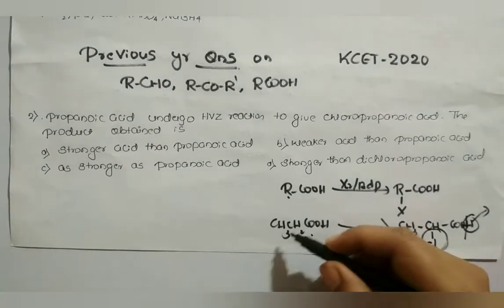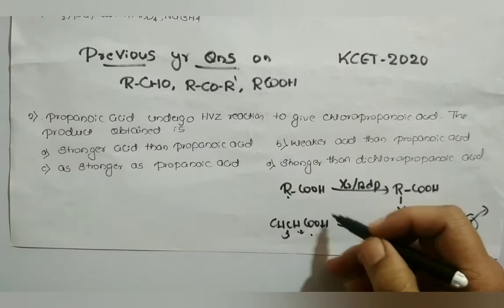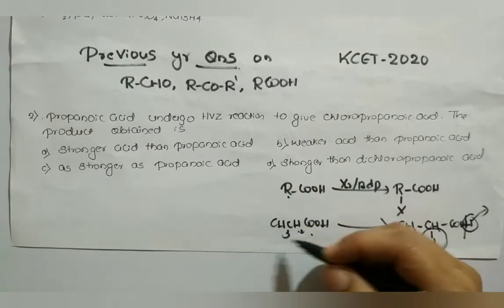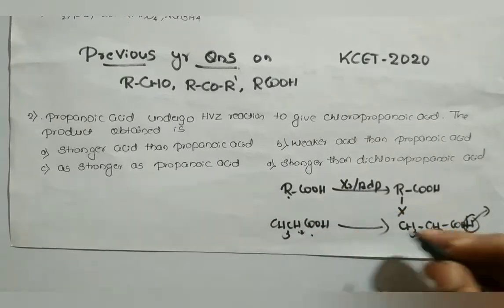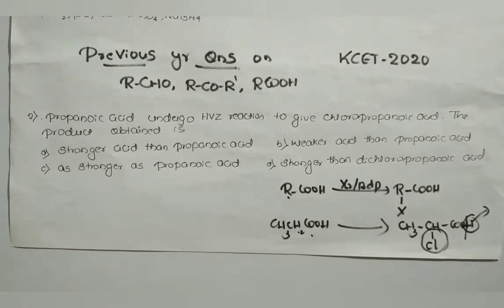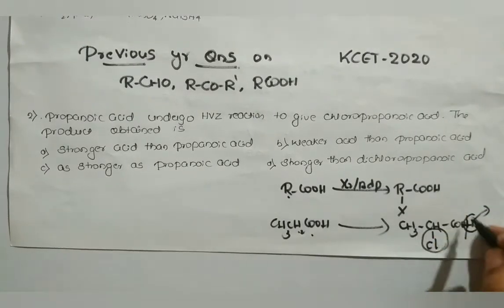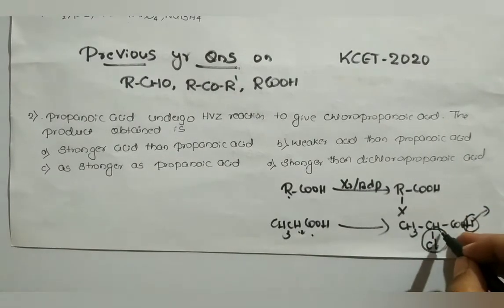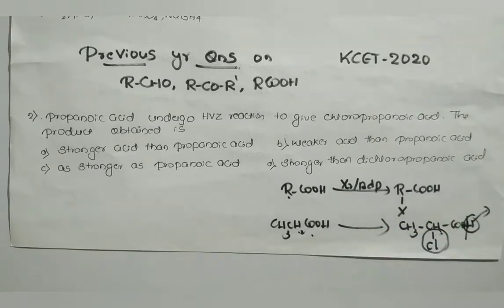But here, we don't have any such electron withdrawing group. We know that an electron withdrawing group increases the acidic property. So this chloropropanoic acid is stronger than propanoic acid.